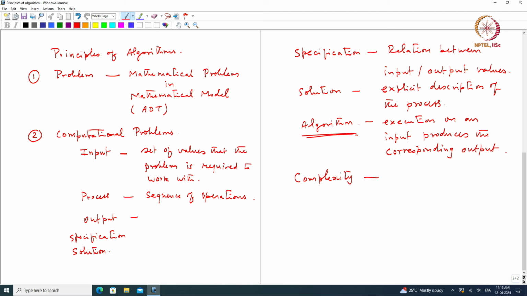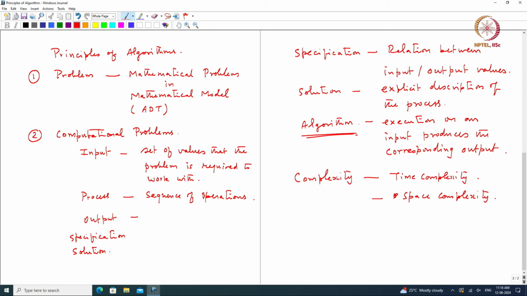This is what we mean by complexity. How much time we use? This is referred to as time complexity. How many memory locations are used by the computer for solving the problem? That is space complexity. It is resource utilization.